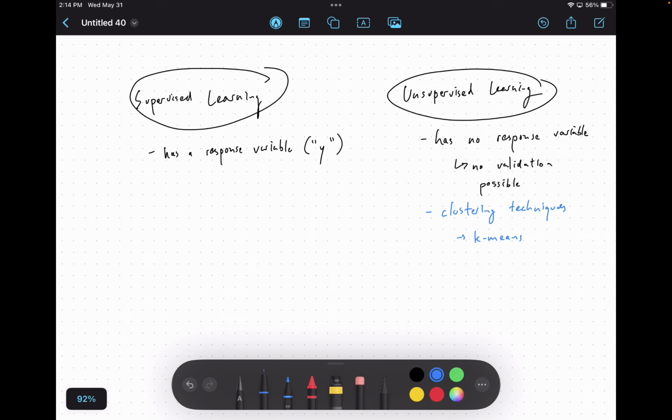Does anyone remember the other one? Nearest neighbor? Not quite. Hierarchical, yeah. So hierarchical clustering.